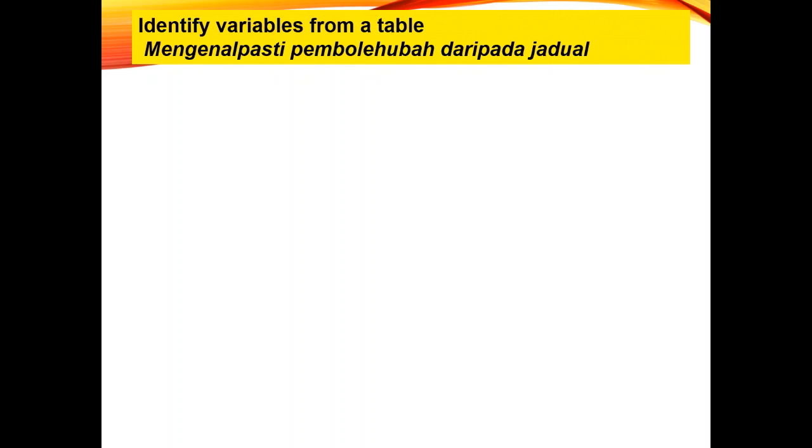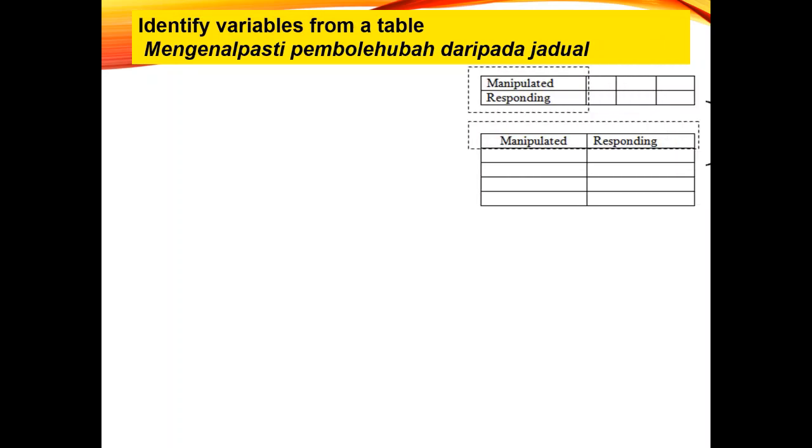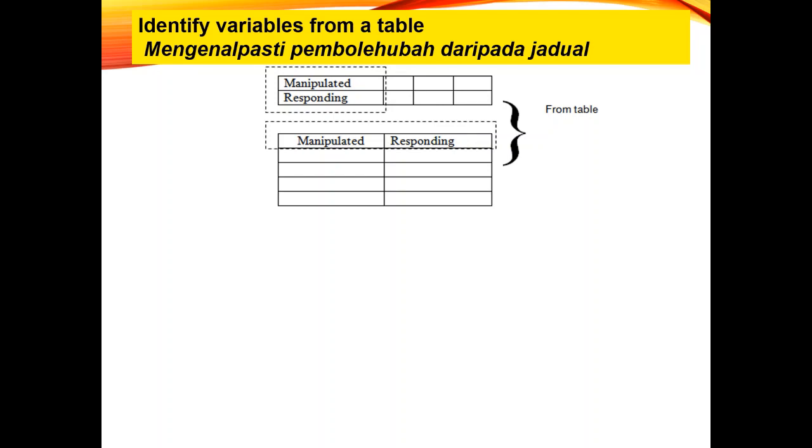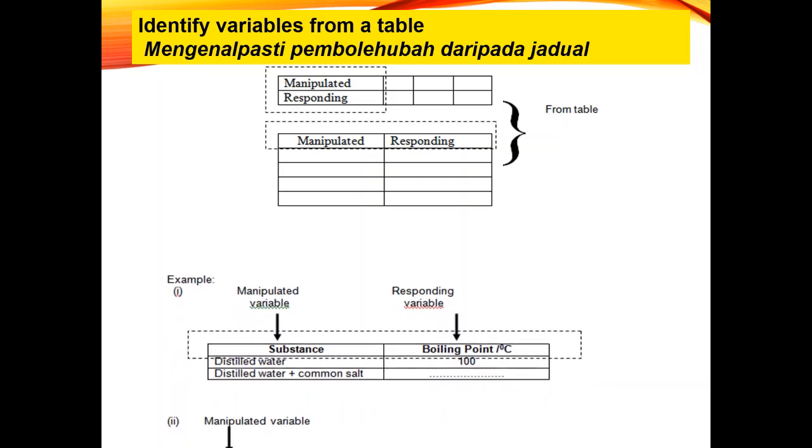Now we continue with how to identify the variable from a table. If the question gives you a table like this, with two rows, the upper row usually refers to the manipulated variable, and the lower row usually refers to the responding variable. And if the question gives you two columns like this, the left column usually refers to the manipulated, and the right column usually refers to the responding variable. So we look at the example here.